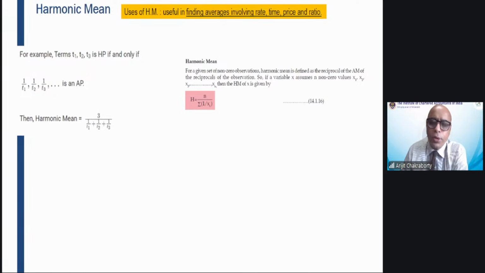What the golden rule says, it's like a gold standard, is to use harmonic mean in case of finding averages involving rate, time, price, and any type of ratio. So these are the usual sectors or scenarios or cases where harmonic mean can be used safely, and it will give us a positive response, a meaningful outcome, which will be understandable by us.